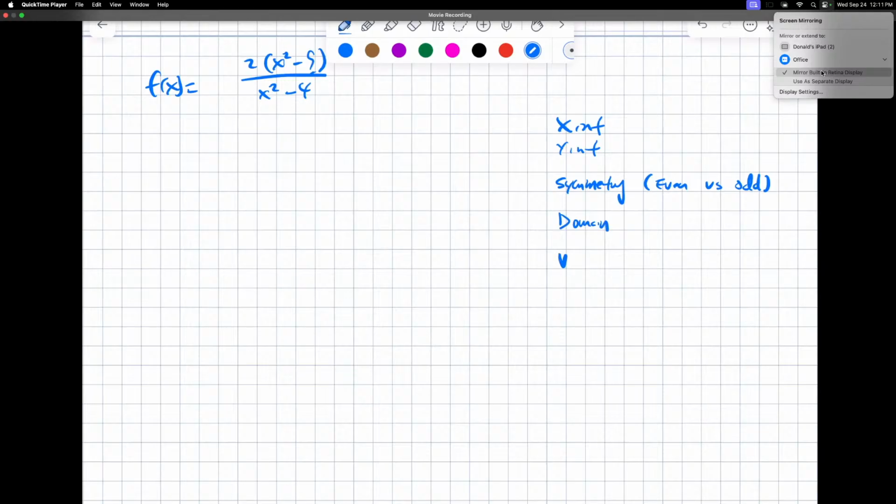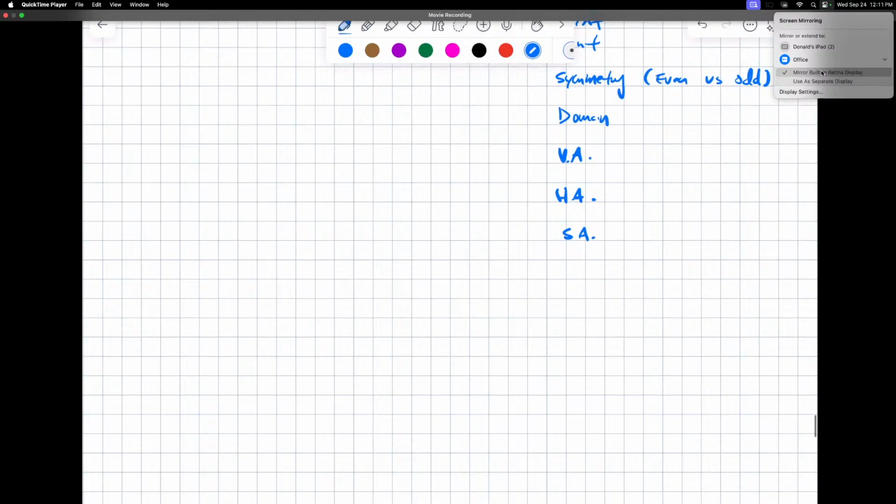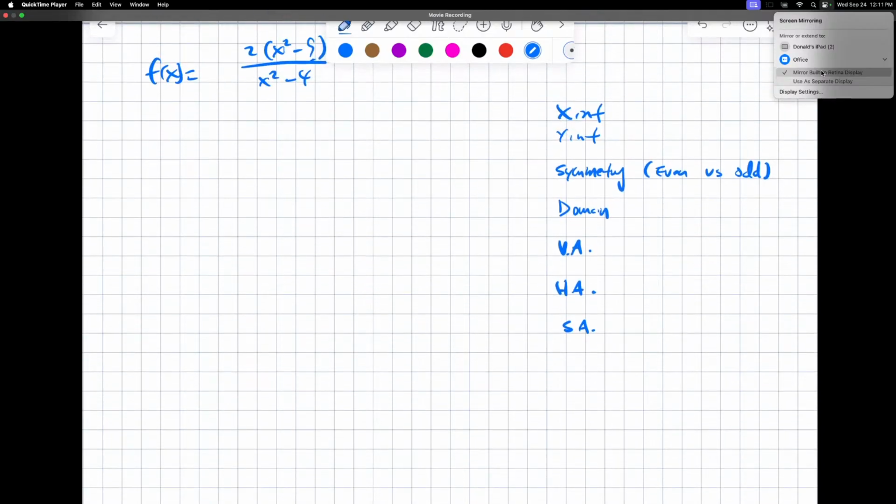We've got vertical asymptote, so I'm gonna write down VA because I don't want to write asymptote. Horizontal asymptote, even a slant asymptote, but normally you don't get the slant. And that's what you can tell from the original function.